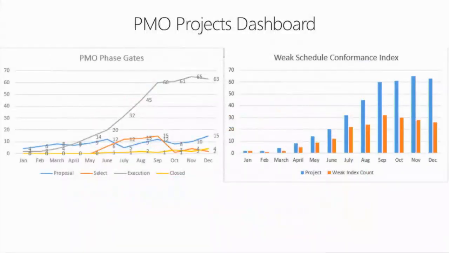I do the same thing for phase gates, showing how many new projects came in, how many projects got executed, how many were closed. And then here's one we're going to talk about a little bit later. It's a conformance index. And these just show how many projects are currently running.